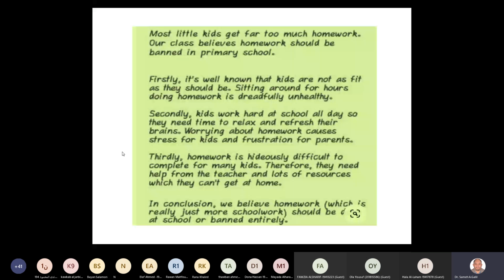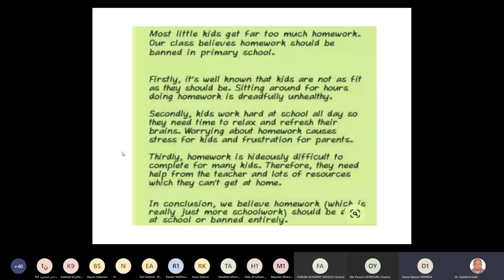Okay. So lots of you are perhaps for the idea of not having too much homework, but you don't seem convinced by the examples and the pieces of evidence that the writer is giving, right?